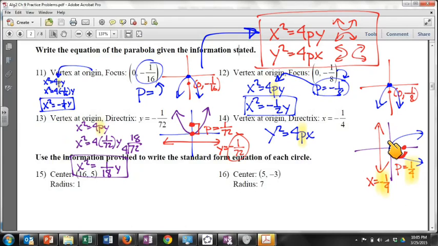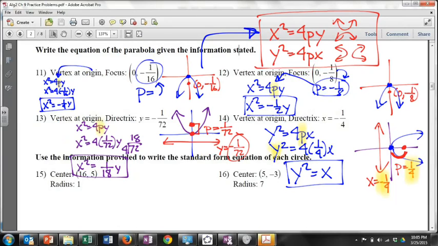The directrix was to the negative side, and the focus is to the positive side here. So I'm going to plug in 1/4, and I'm going to get y squared is equal to 4 times 1/4 times x. y squared is equal to x, and that's the solution for my number 14.